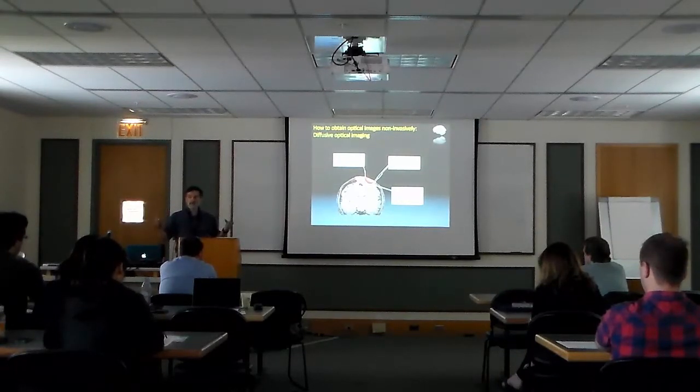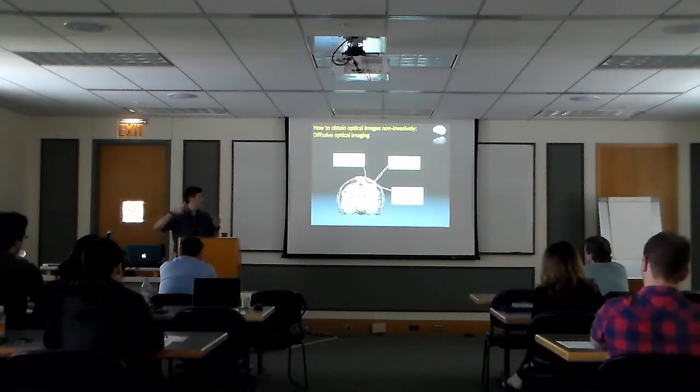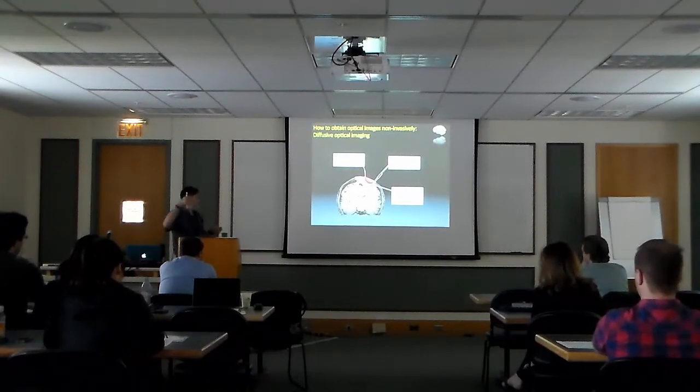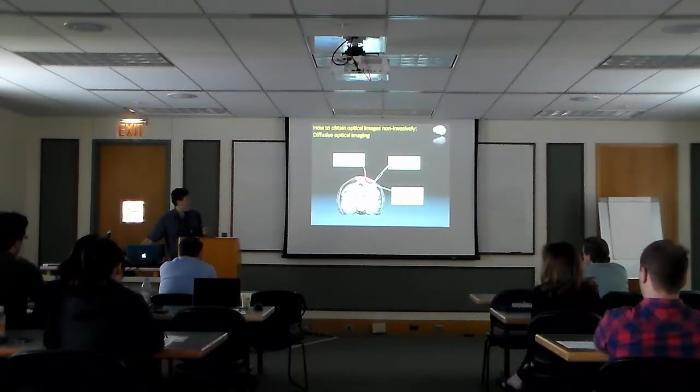And this diffuse source of light makes the light be reflected by the very first part of the head, and we will not be able to see beyond that, because everything else is trumped.